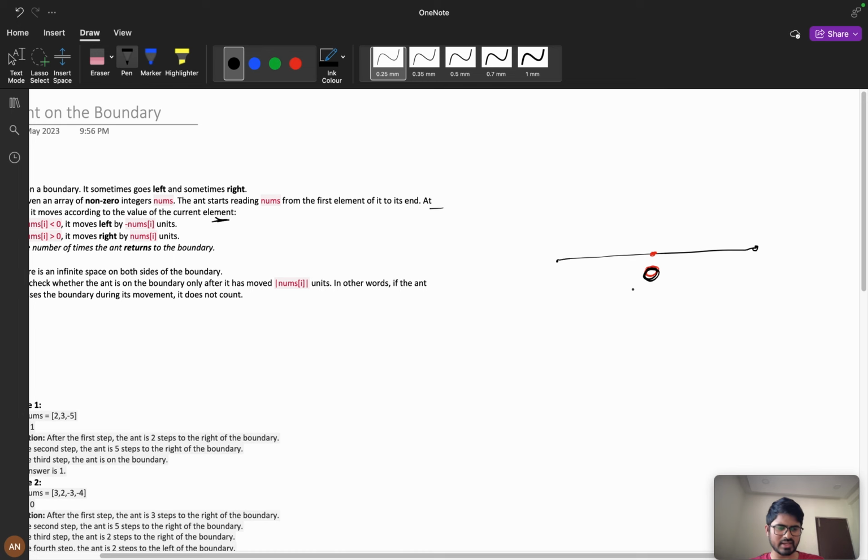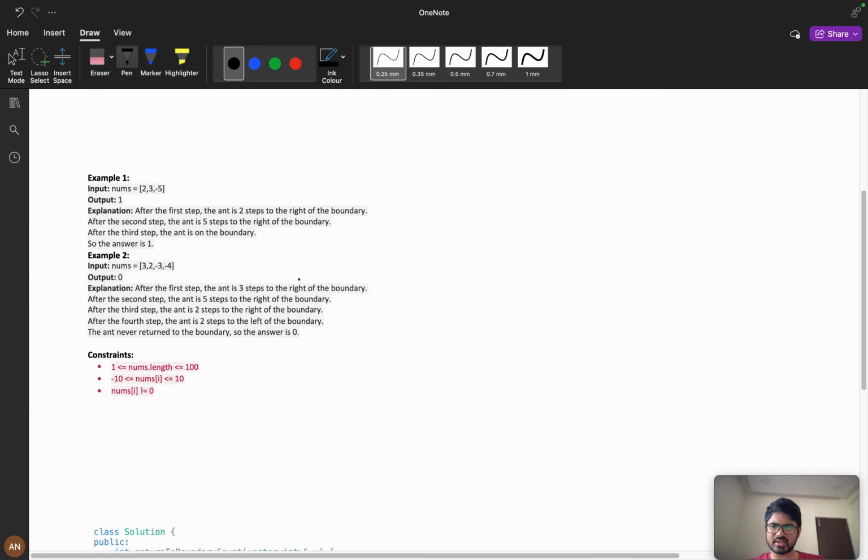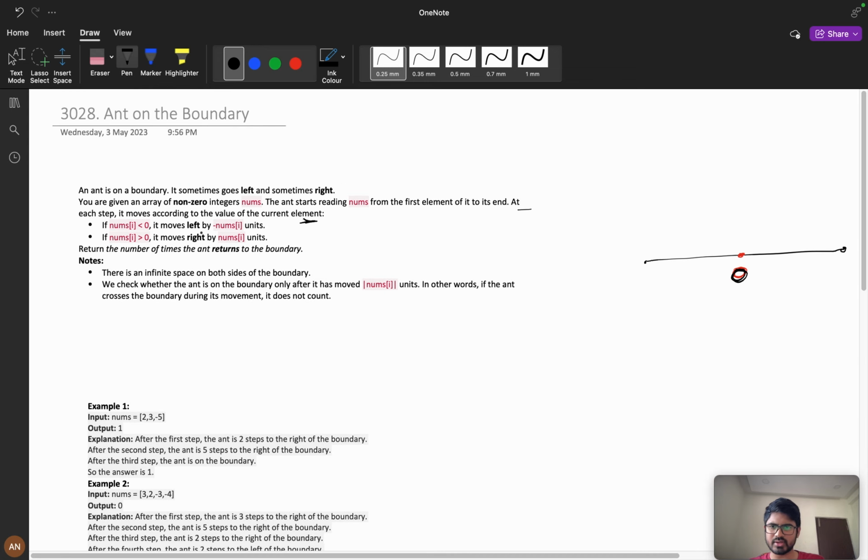It can start at any point; the problem did not mention which point the ant starts at. If it moves to the left, we decrease, and if it moves to the right, we increase. We need to return the number of times that the ant returns to the boundary, so how many times it comes to point 0.